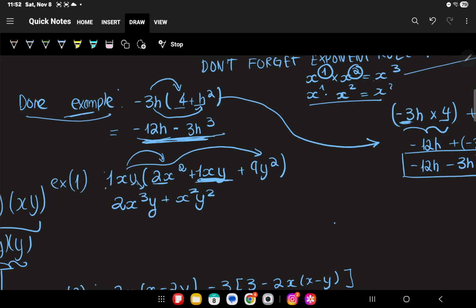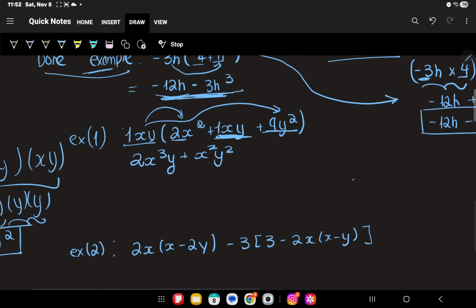So our last term is 9y squared. 1xy times 9y squared. Which sort of thing do we not see in common here? Well, we see that x is not in common, so we can bring down the x. Right.